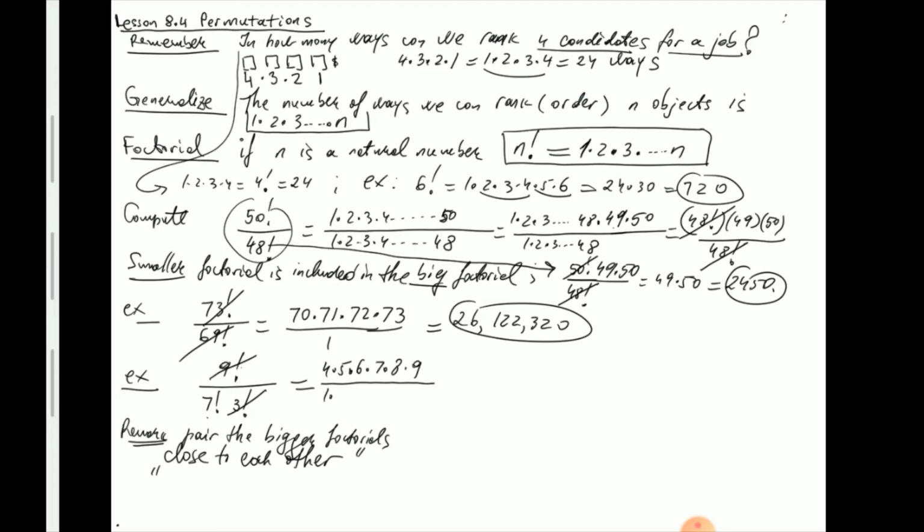And on the bottom, you just have to expand and maybe use the calculator to compute 7 factorial. But on the other hand, if from the beginning you decided to combine 7 factorial with 9 factorial, then on the top you're left only with 2 factors, 8 times 9, and on the bottom of course is 1 times 2 times 3.